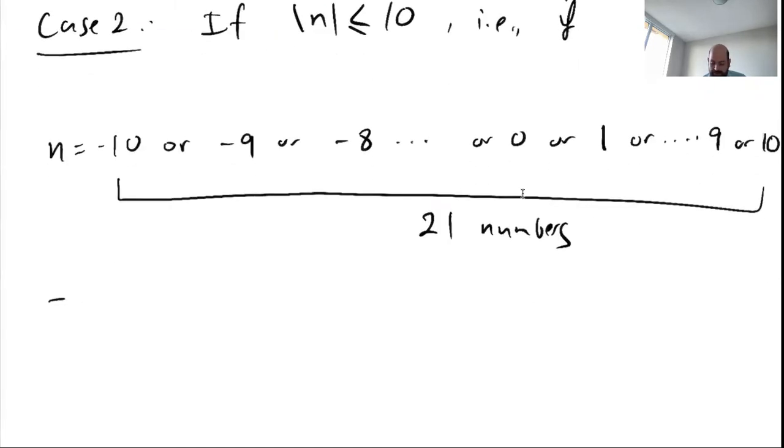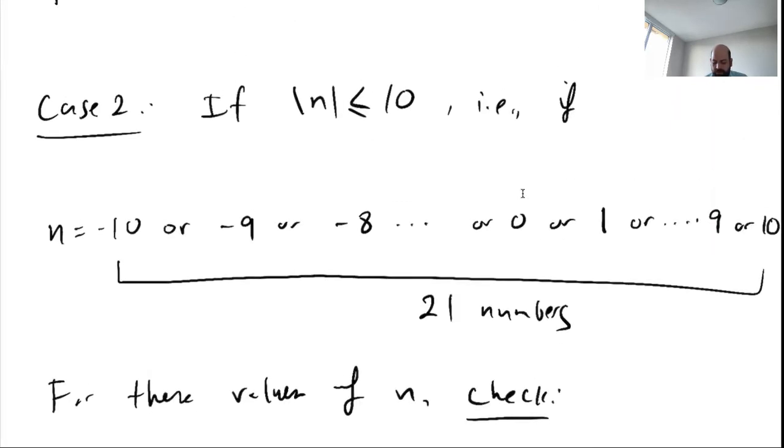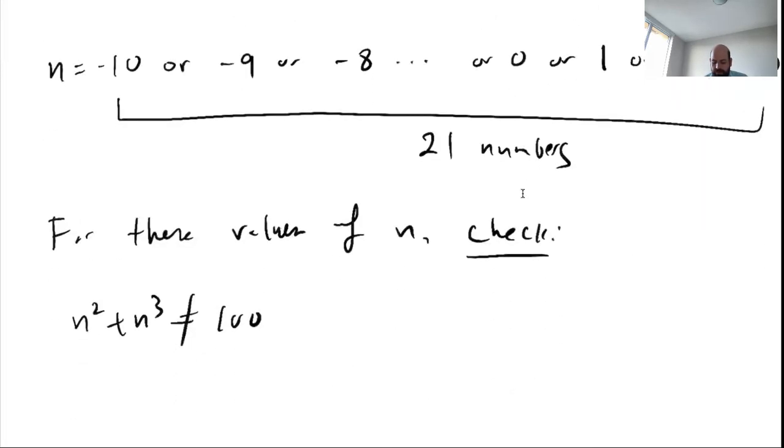So for these values of n, check that n squared plus n cubed is not equal to 100. Okay, so in case 2, which means n is one of these 21 values, still our equation has no solution.